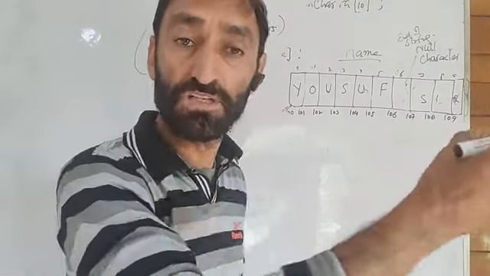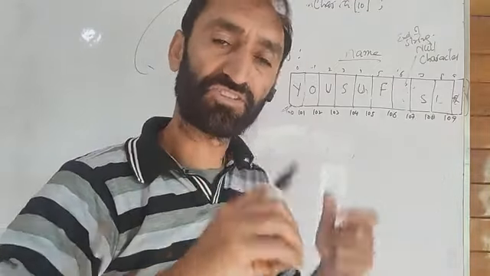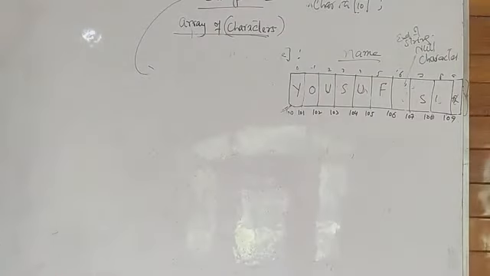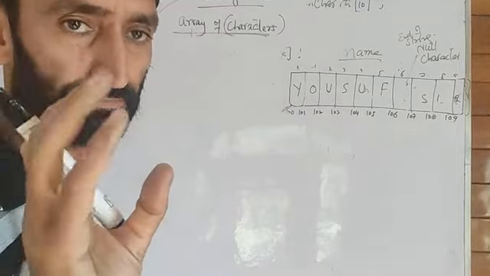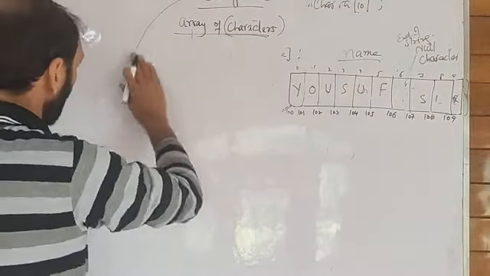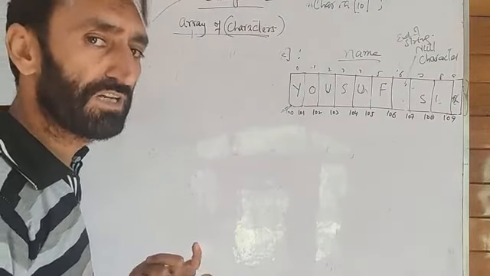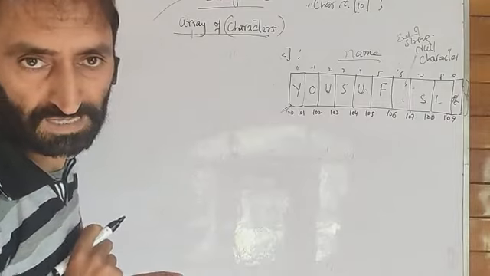So we represent a string as a character array in C, and we have to take care of these things as well. Remember, string is not actually a data type, which is why we represent it as an array of characters.